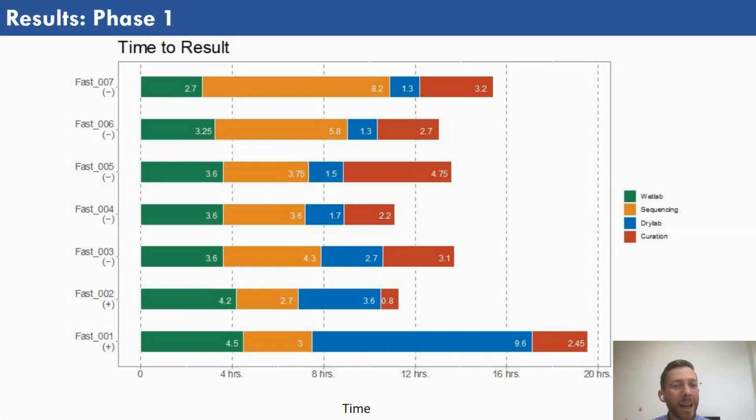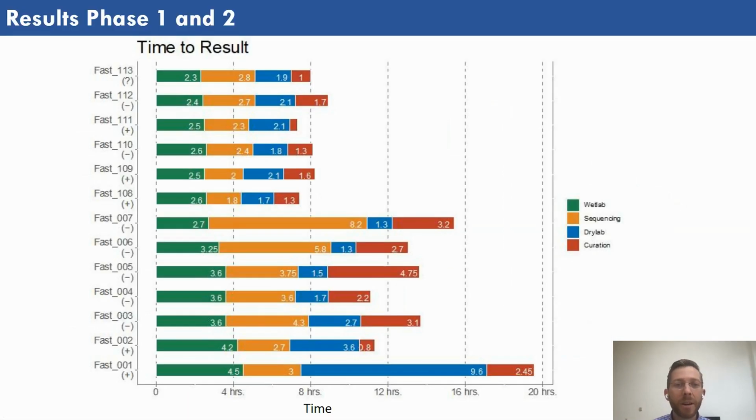Once we got through 7 patients, we were pretty confident that we had identified the best method to do that. So we moved on to the second phase of our trial, where we focused on maintaining the turnaround time to be as quick as it could be, in hopes that we could keep it less than 8 hours.